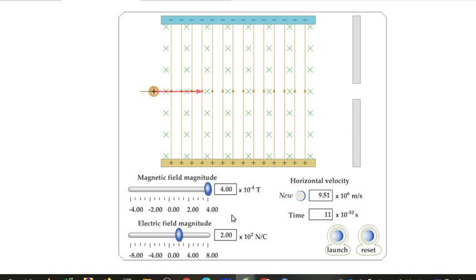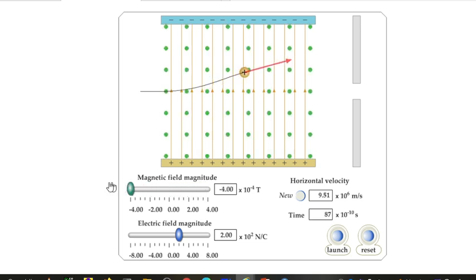For example, when the particle enters that region, they can steer it to change its direction by just varying the magnetic field B. So what I'm trying to say is this particle can move directly through without any deflection, only if the magnitudes of the magnetic force and the electric force are the same.